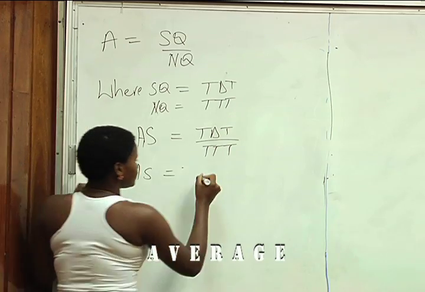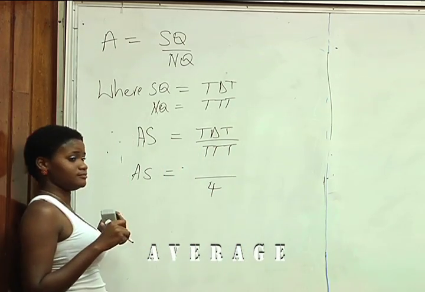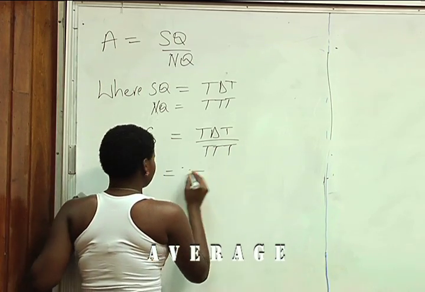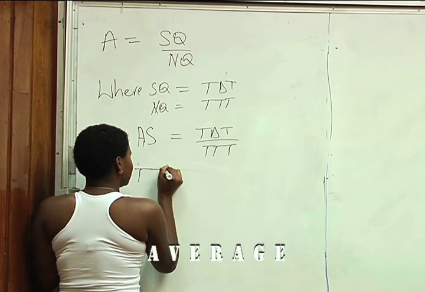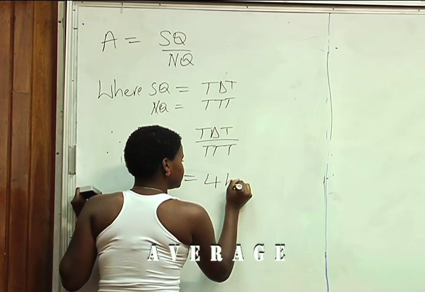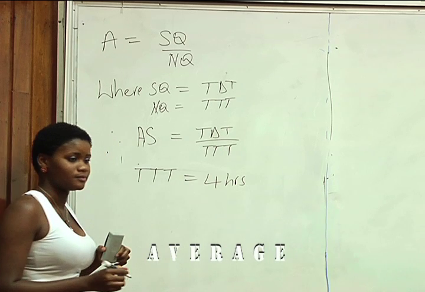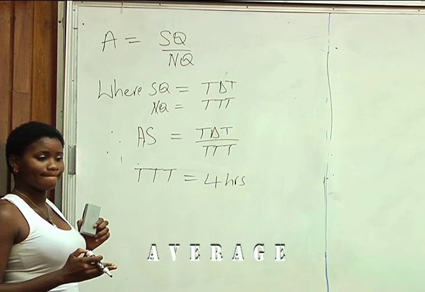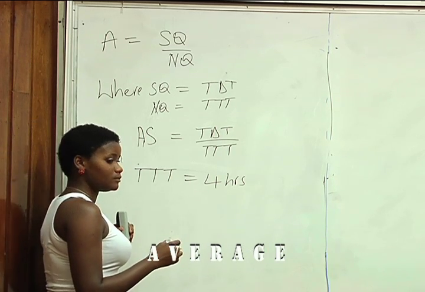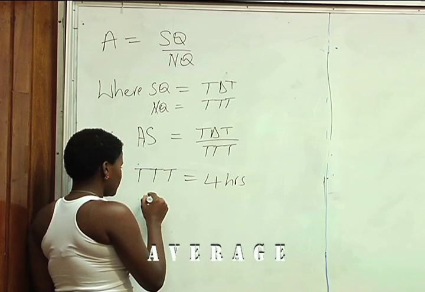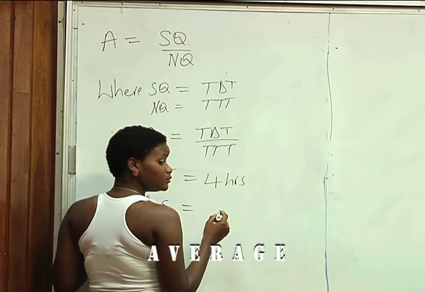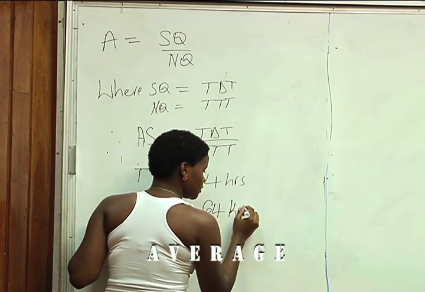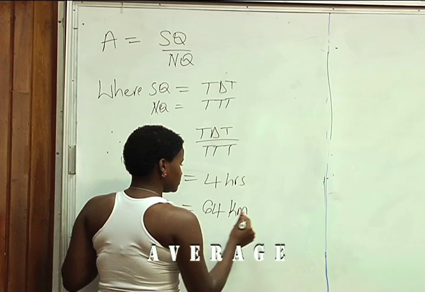So we know TTT equals 4 hours. And we know an average of 64 kph, so AS equals 64 kph.